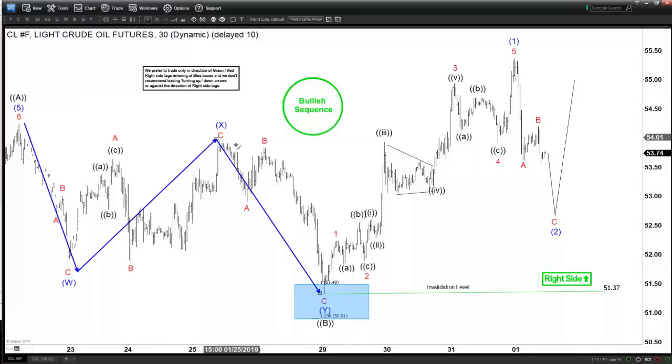But over here you can see clearly, especially this leg here, how we only got a 1, 2, 3 subdivision, right? So we cannot really, I mean, this is 1, 2, 3, 4, 5 as part of the C leg of this red degree. So we can see clearly here, this is a 3 swing here, and this one also.